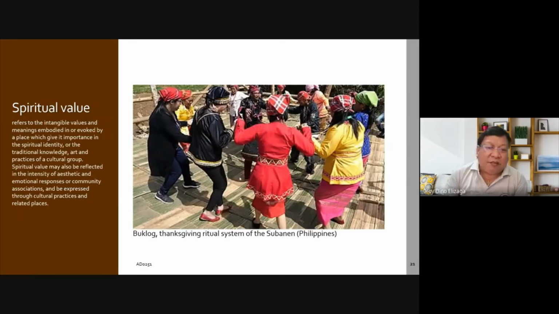This is Buklog, a Thanksgiving ritual system. In this community, for example, the practice of building a house is also related to religious rites. I read that even among Muslims there are also such ways.